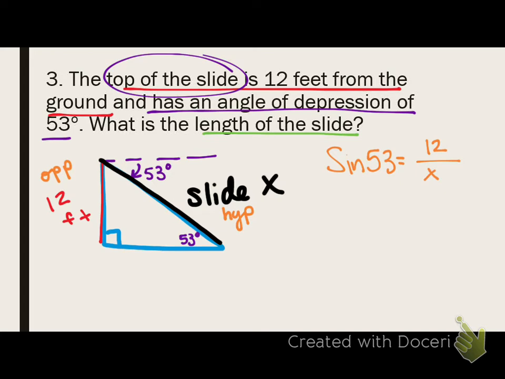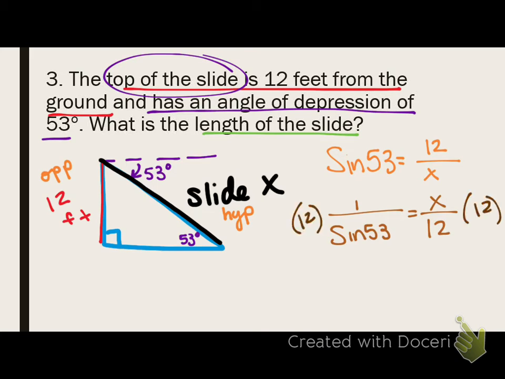You can call it whatever you want. I called it X on mine. This one, we do have to flip. X is on the bottom. We need it on the top. And then multiply times 12. So remember, it's the length of the hypotenuse. It should be longer than 12 feet.